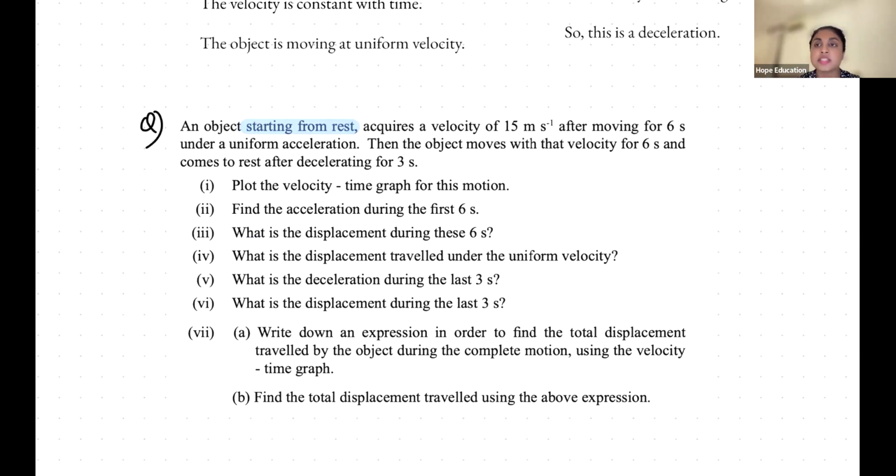Starting from rest means the initial velocity is zero. It acquires a velocity of 15 m s^-1 after moving for 6 seconds under uniform acceleration. They want us to plot a velocity-time graph, so I will start by plotting that.